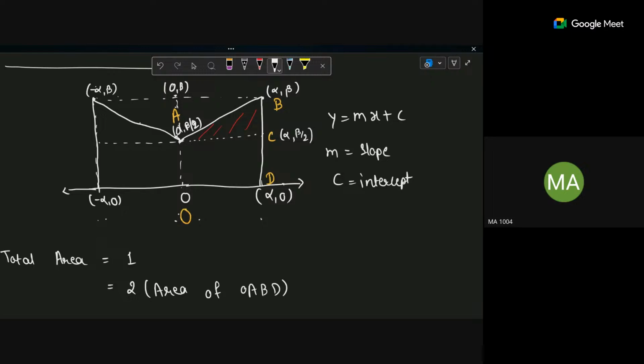That's also fine. And when you integrate, your function will be the equation of line, and limit will be minus alpha to 0. I don't think the double integration will come into the picture. Or you can do it by double integration also, in that case you need a function that's missing here.